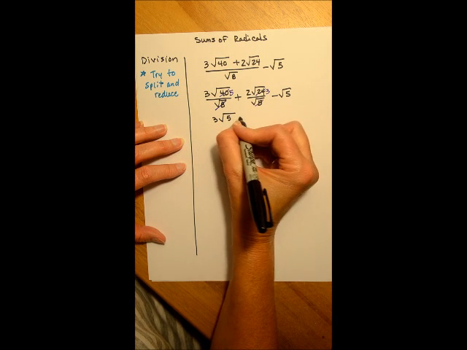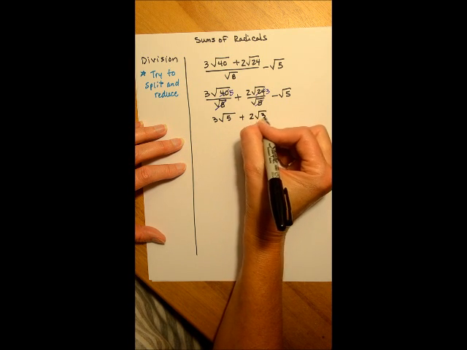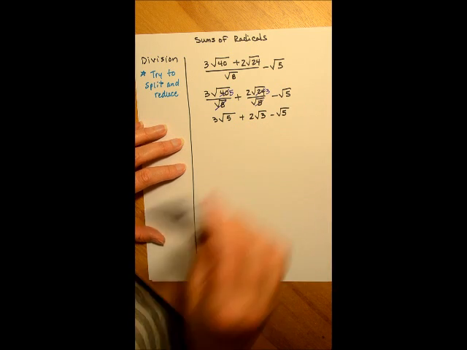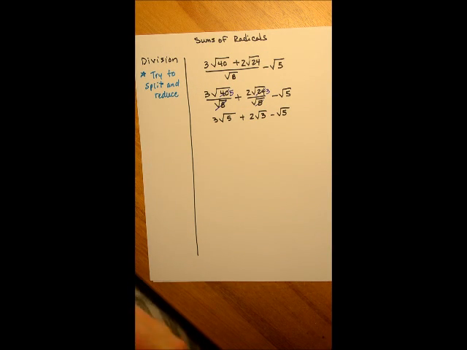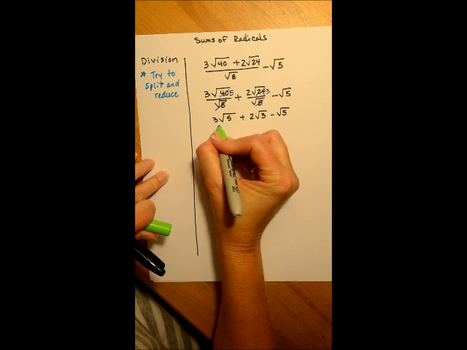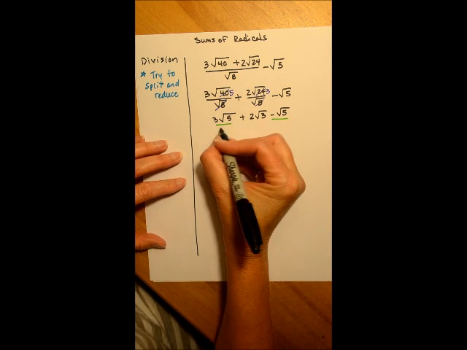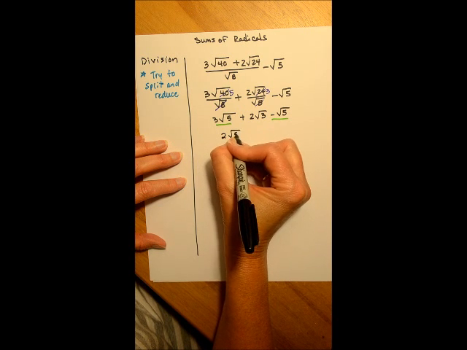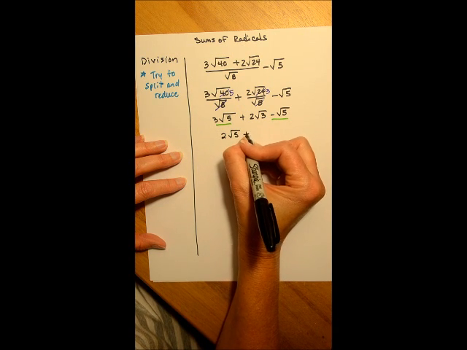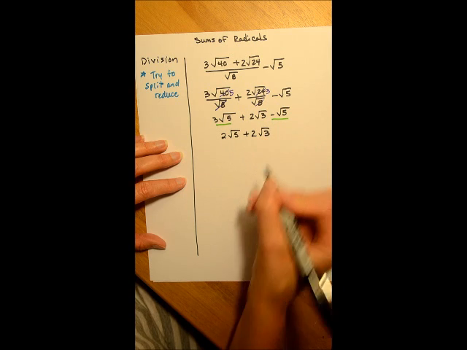So 3 square root 5 plus 2 square root 3 minus square root 5, and then I'm just going to combine like terms. So I have this and that I can combine together that are like. That would give me 2 square root 5, right? Yep, plus 2 square root 3.